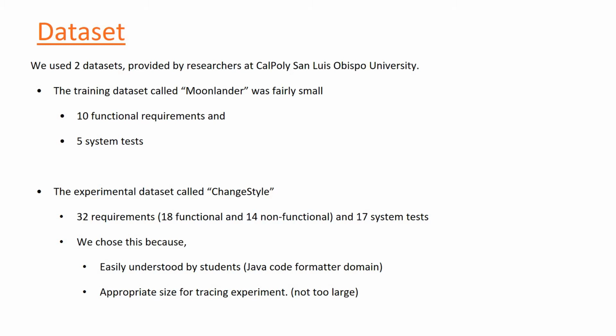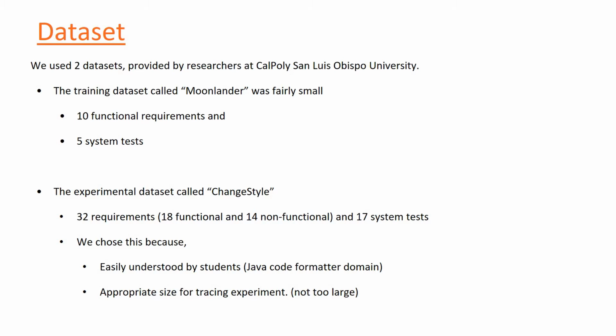It had 32 requirements, consisting of 18 functional and 14 non-functional, and 17 system tests. We chose this because it was written by upper division software engineering students for a Java code formatter software, and it has an appropriate size for a small tracing experiment study.